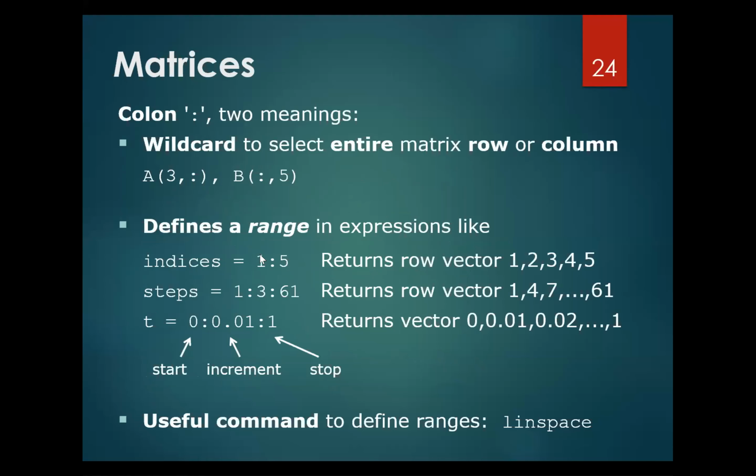For instance, if you say 1 to 5, it will return values from 1 up to 5. And this is if you want to produce a list of values, you can do that by just typing. This one is not a matrix, it's like a list or a vector.